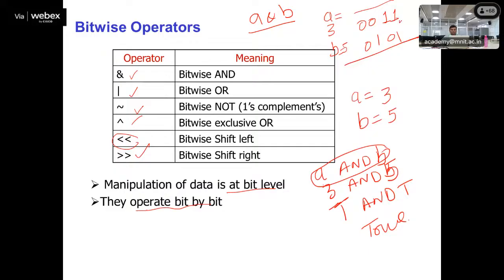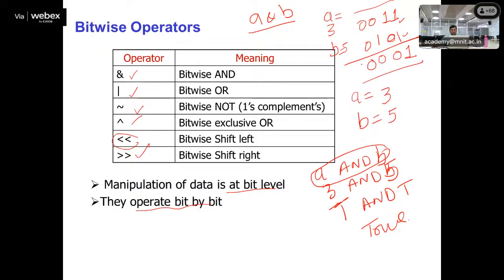So first bit 1, second is 1, so they give me 1. Then the next is 1 and 0, and because we are doing the AND operation, if anyone is 0, it is treated as false, so we get 0. In the next, we also get 0.